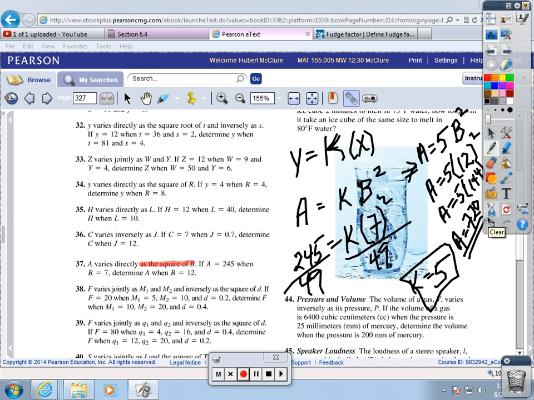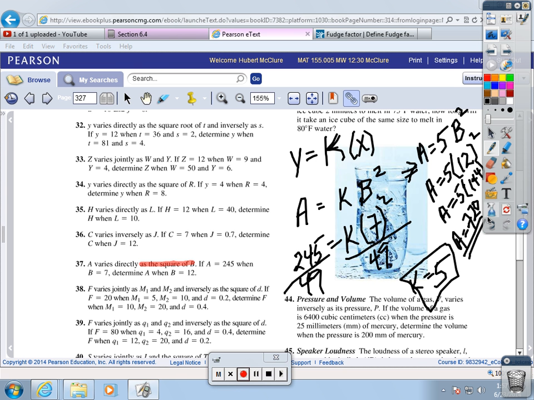Secured channel. Now, that one had a mixture of, not formulas, but a mixture of terms. In other words, instead of just B, it's B squared. Now there's one more I want to show you, and we can do number 38 or 39.